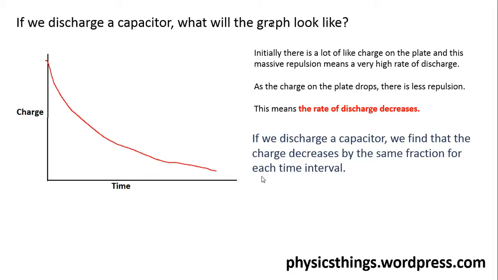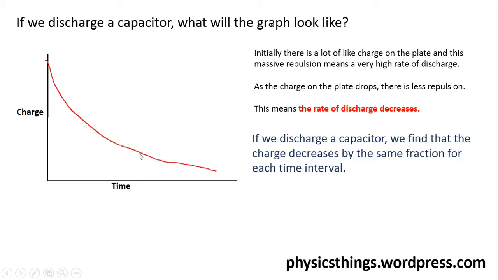Now the interesting thing about this being an exponential function is if we discharge a capacitor, we find that the charge decreases by the same fraction for each time interval. That is, if it takes 3 seconds to drop to a half of its initial, then in the next 3 seconds it will drop to a quarter, to half of a half.